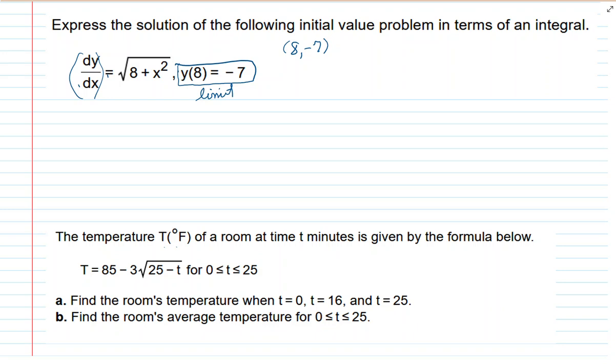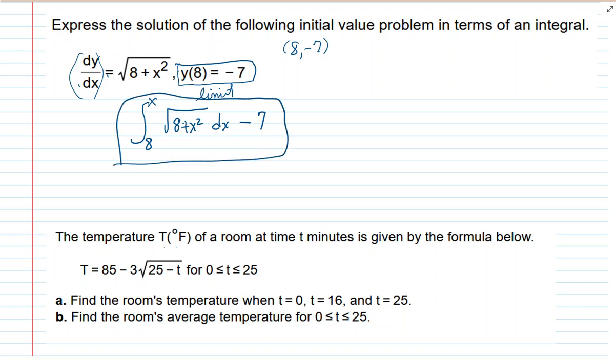So we want the integral from our start point to an end point of the function, and then our dx minus that 7, and that's it. All they wanted was to construct it. This is that j that we studied in 5.4.